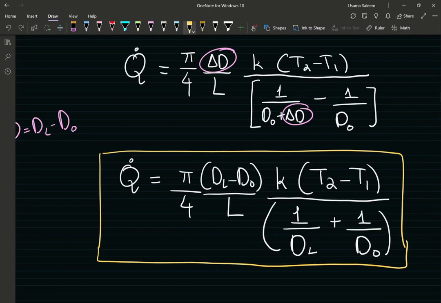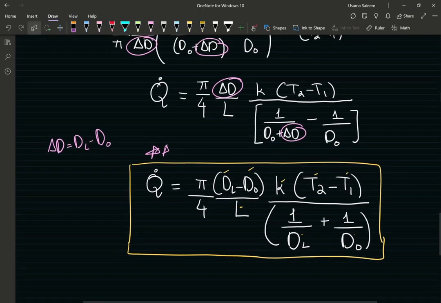Now you can just use Excel, MATLAB, Maple, MathCAD, whichever software you fancy, and play around with all of your parameters, conductivity, different temperature differences, the different diameters, and see how that affects your heat transfer rate. So now I have solved the heat transfer. The next step is just plug and chug.